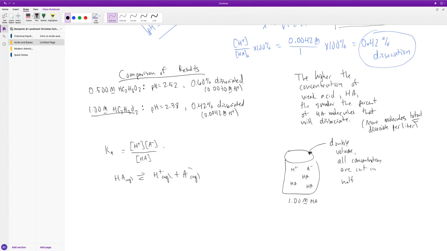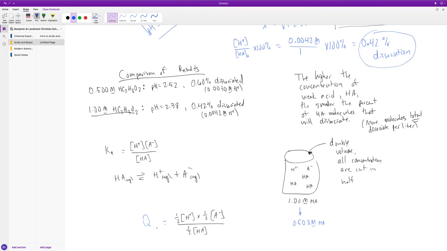Okay, if all of these are cut in half, now we're dealing with 1/2 the concentration of H plus and 1/2 the concentration of A minus over 1/2 the concentration of HA at the instant of the dilution. Okay, so now we've got a 0.5 molar HA solution, right?